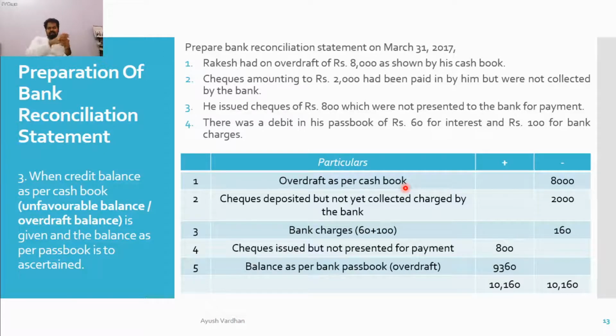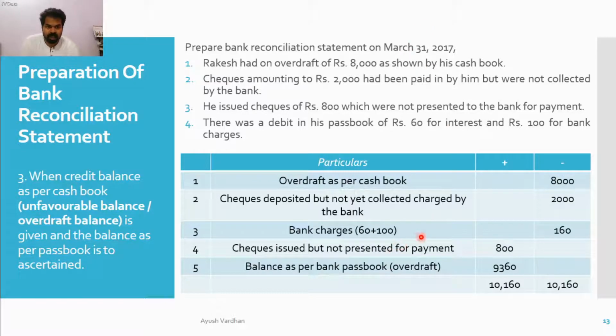Okay. Now we are seeing the bank charges of 60 and 100 rupees. In the fourth entry here, there was a debit in his passbook of 60 rupees for interest and 100 rupees for bank charges. Suppose the overdraft is 8,000, and for that 60 rupees has been taken as interest, and 100 rupees is the yearly bank charge, charged by the bank on 31st March.